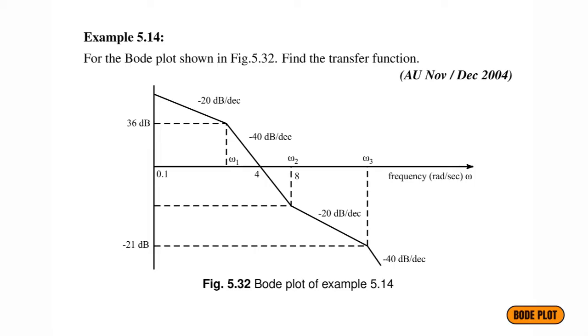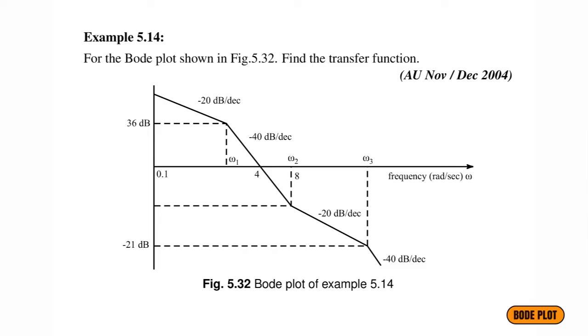So using the slope, what is the magnitude here? 20 log k by omega 1 equal to 36, where omega 1 is 0.5. K we do not know. From that we can find k. So all three unknowns are found.